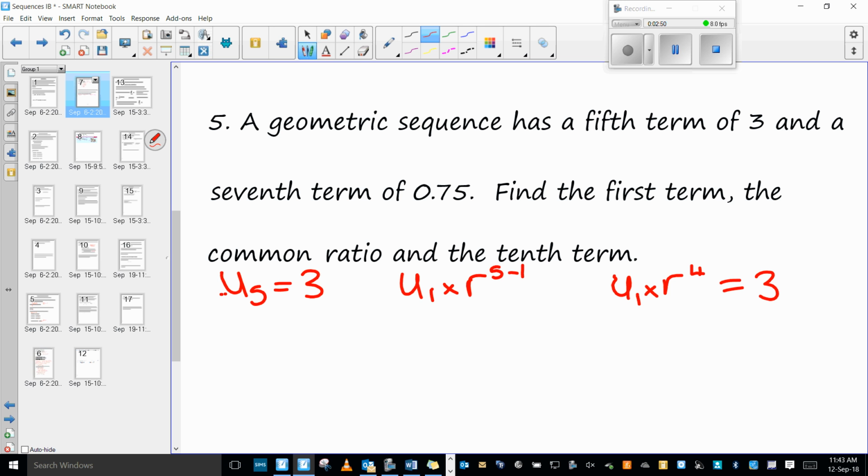These are a little bit different to the normal simultaneous equations we're used to. The 7th term is 0.75. You can leave it as a decimal or put it as a fraction; it makes no difference, but I would work with it as a fraction.